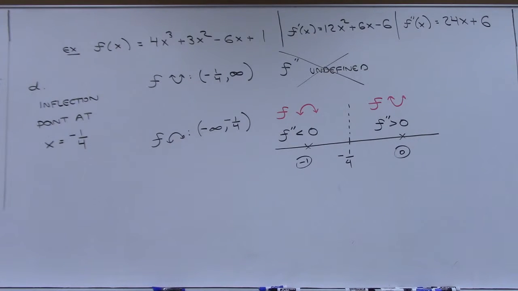So what I'd like to do now is graph this for us to see if we got close. 4x cubed. Does anybody have any doubt here? Minus 6x plus 1.